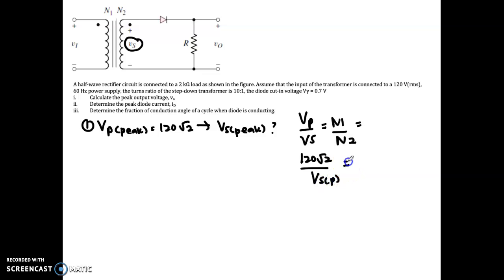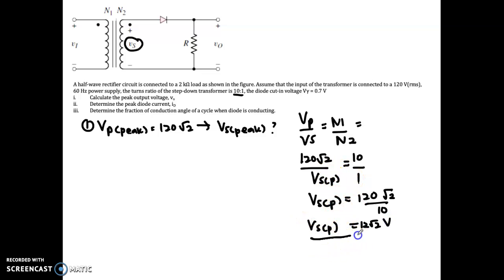The ratio given here is 10 divided by 1. So you can calculate your V secondary peak as 120 square root 2 divided by 10. So you get 12 square root 2 volt for V secondary peak.